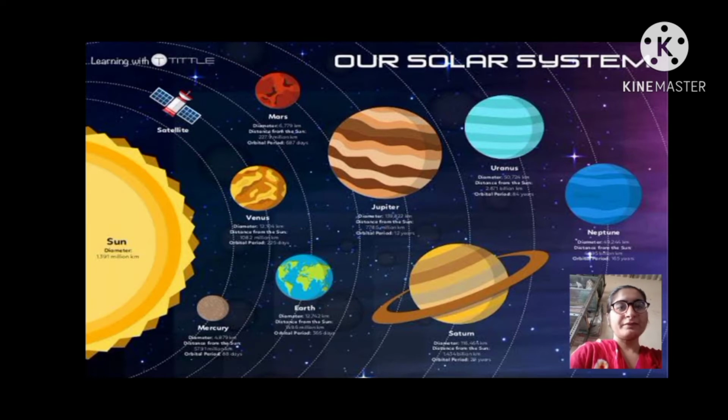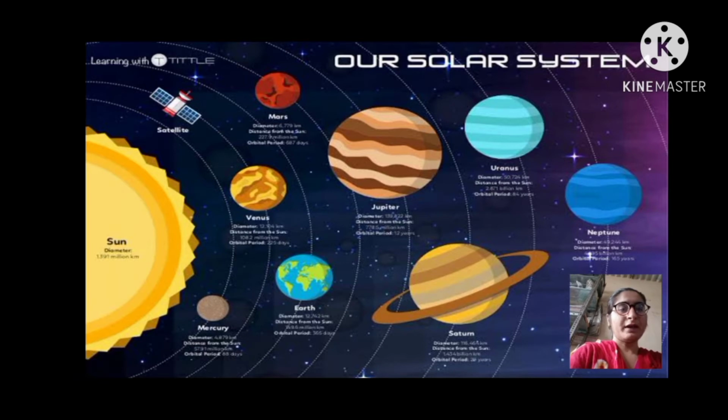You can see that in this picture, in the middle is the sun, and the other planets are Mercury, Venus, Mars, Earth, Jupiter, Uranus, Saturn, Neptune. These all move around the sun.